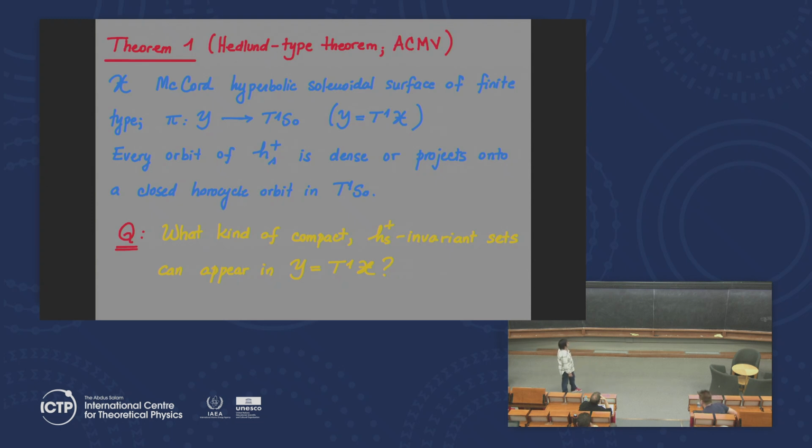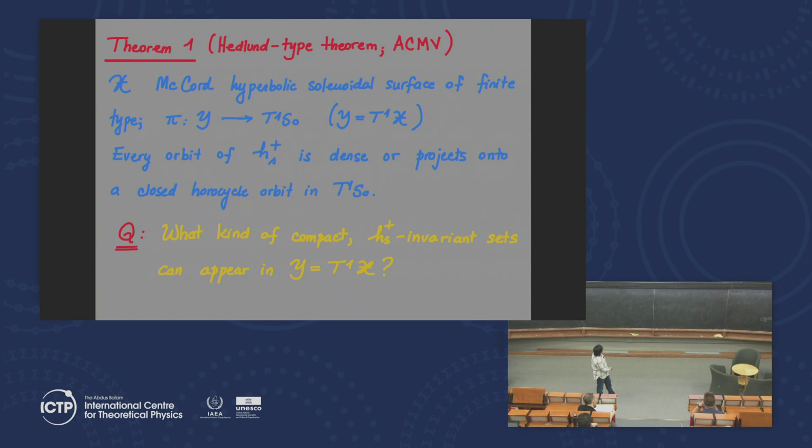So remember Hedlund's theorem for one surface, that said that in one hyperbolic surface of finite area, every orbit of the horocycle flow was either dense or periodic. So what we prove is that in this setting, every horocycle orbit is either dense or projects onto a periodic orbit in the surface at the bottom of the tower of coverings, okay?